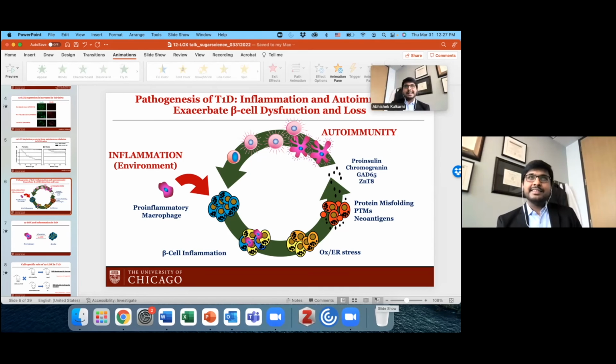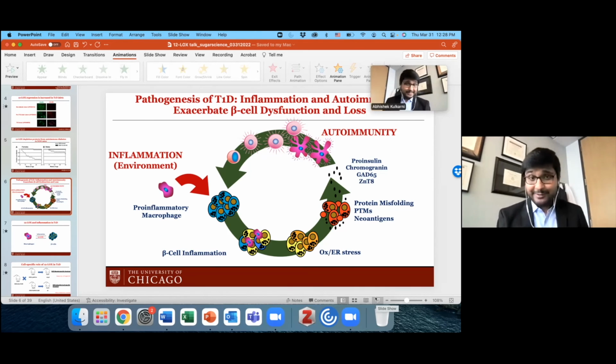At this stage it's still preliminary, but we see that when we downregulate 12 LOX levels, there is either reduced secretion of exosomes, or even if the exosomes are released, there is reduced expression of pro-inflammatory mediators in them.